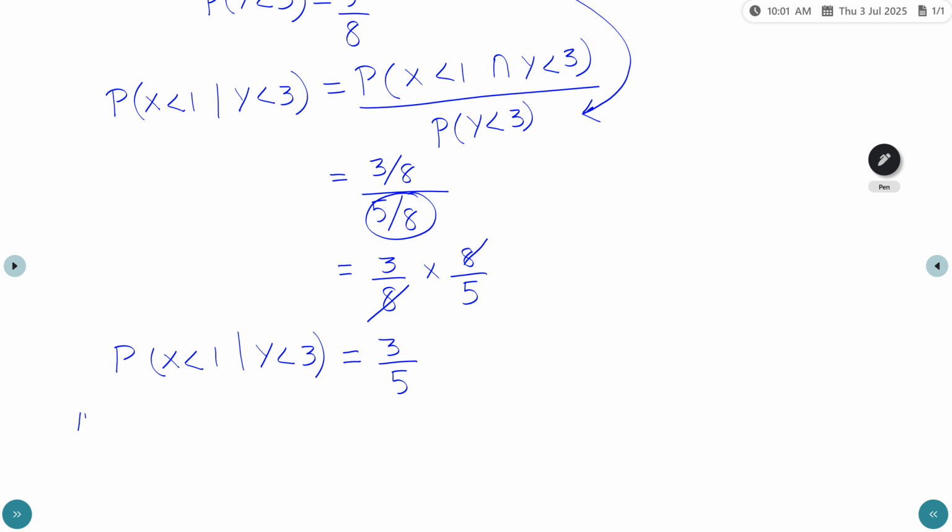And then the final part of this problem. So find probability of x plus y less than 3.